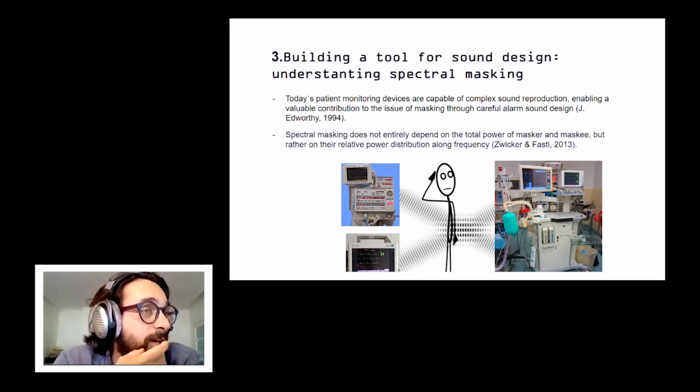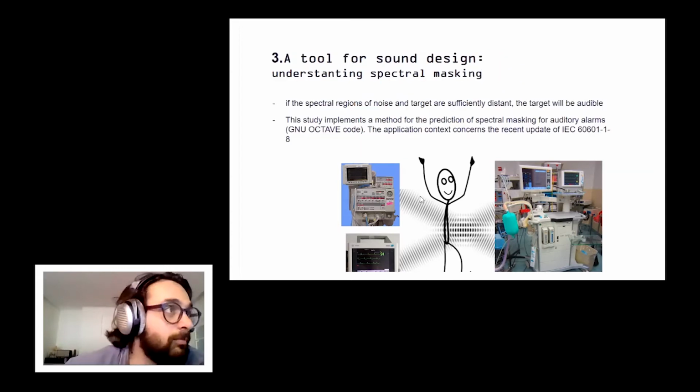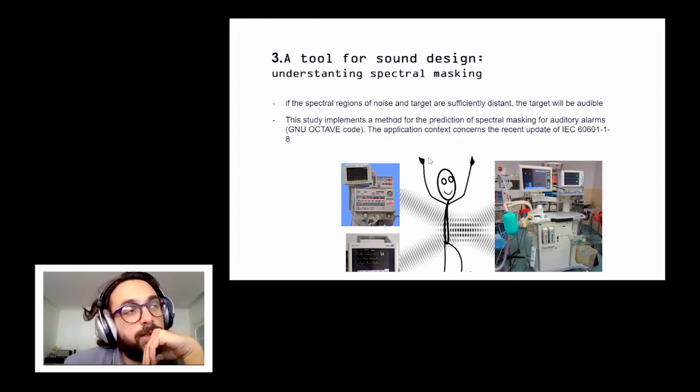That gives the sound designer an opportunity to work with these sounds, which are no longer simple bleeps and buzzes, and try to avoid spectral masking by spreading components of the alarms through the frequency range. As I said, if we put components in spectral regions that are sufficiently distant apart in frequency, they will be audible and won't be masking one another.